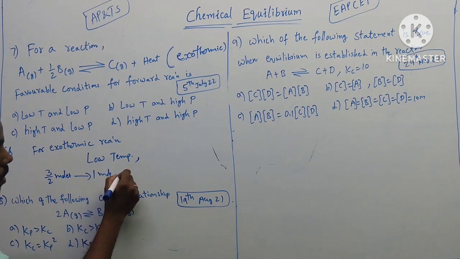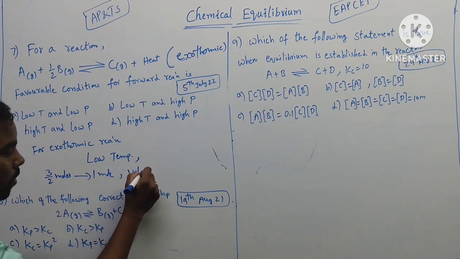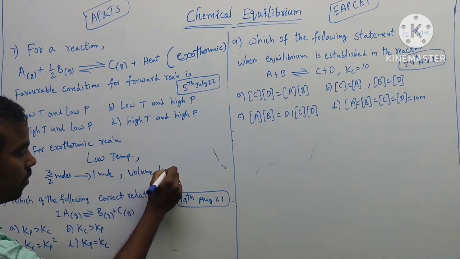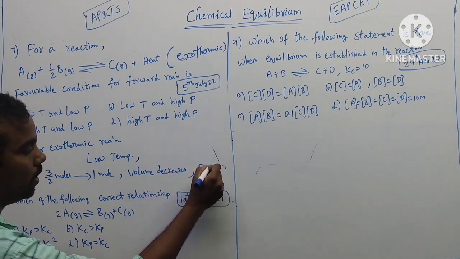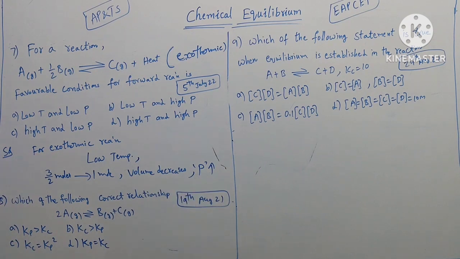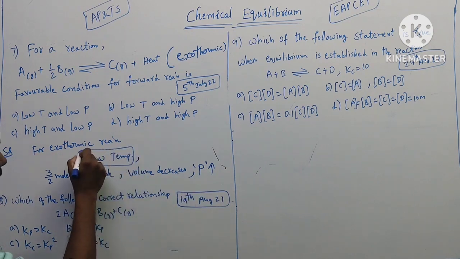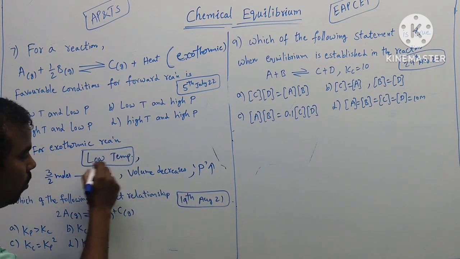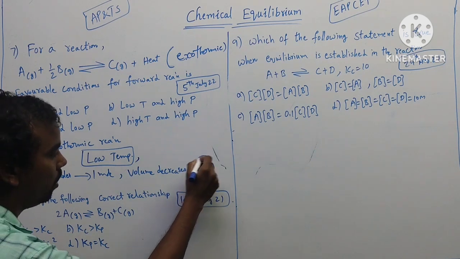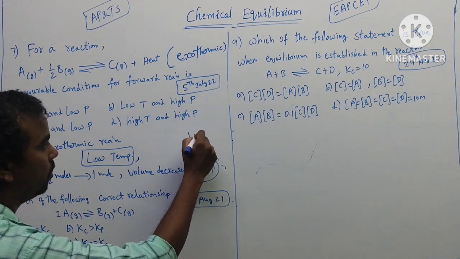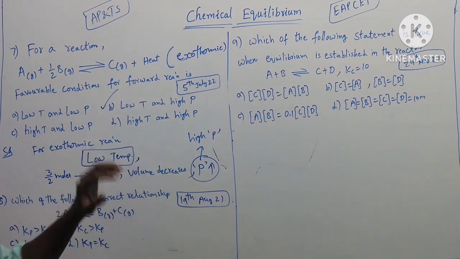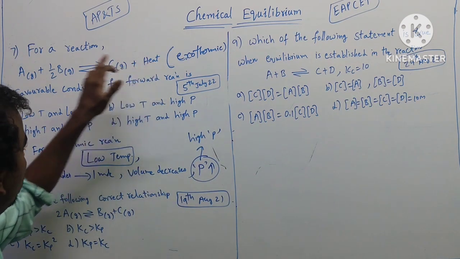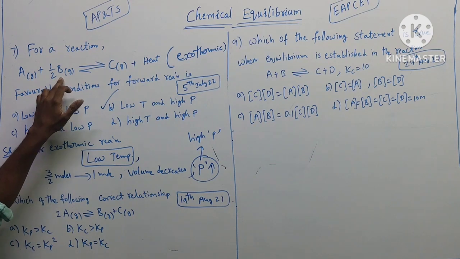So volume decreases, and volume decreases means pressure increases. That's why for this exothermic reaction, low temperature and high pressure are required. So answer B. Very easy. If heat is on the reactant side, then that is an endothermic reaction.